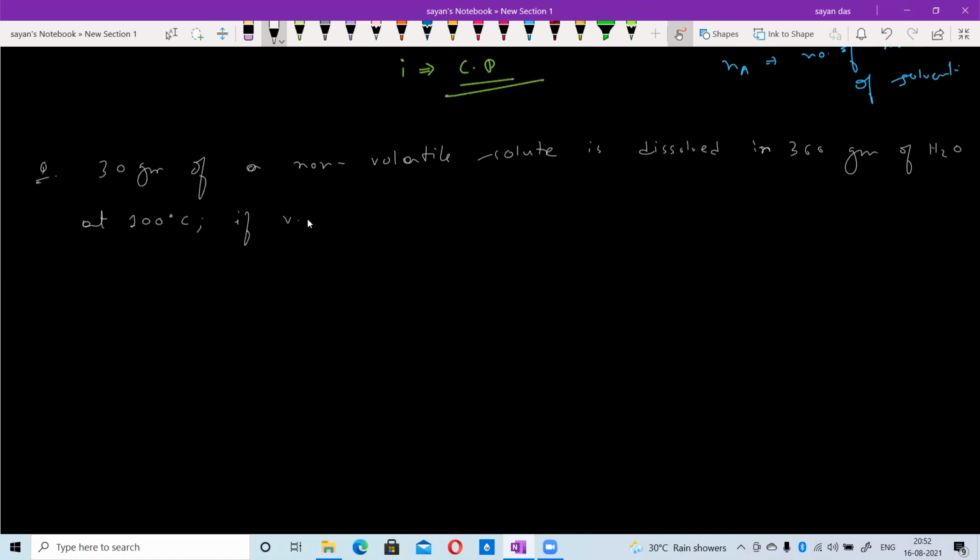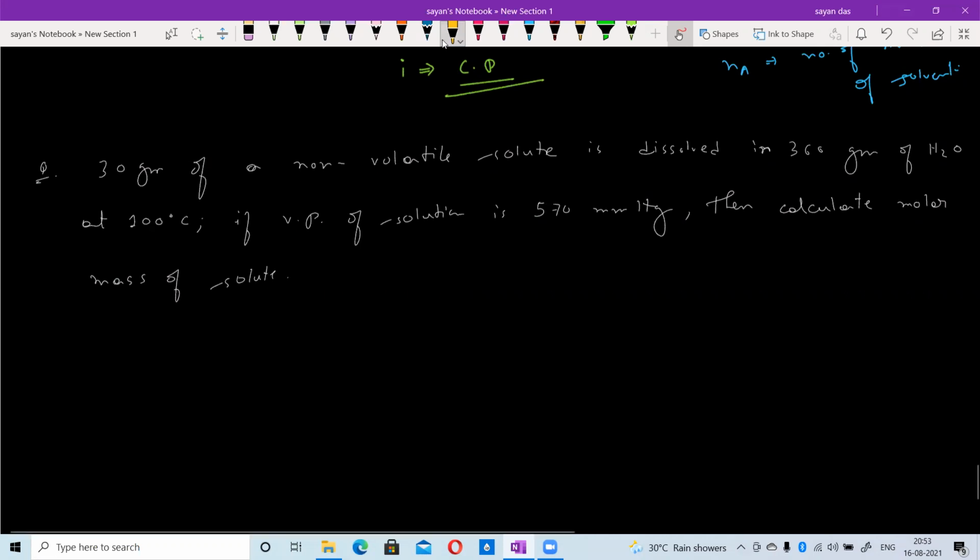If the vapor pressure of the solution is 570 mm of Hg, then calculate the molar mass of solute. I am giving you 1 minute to solve it.